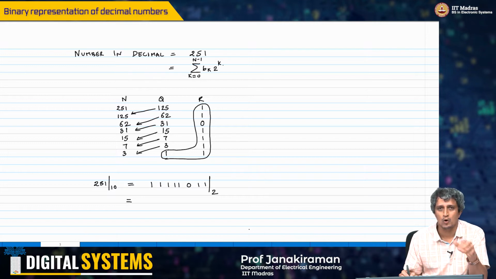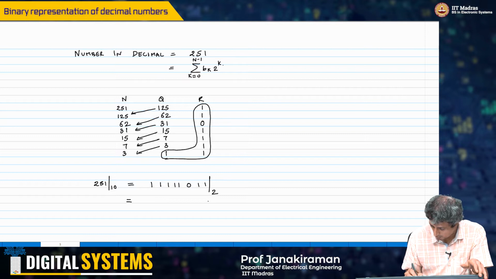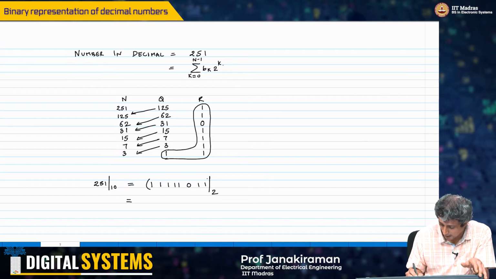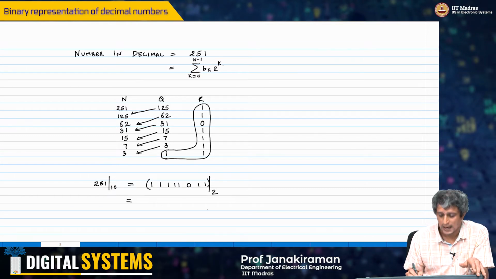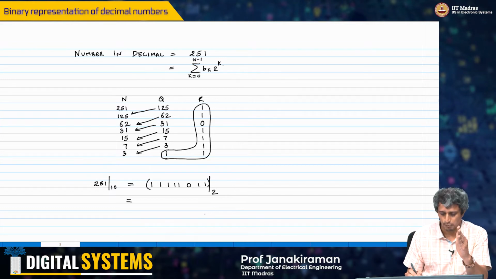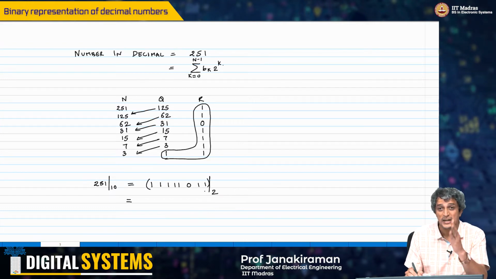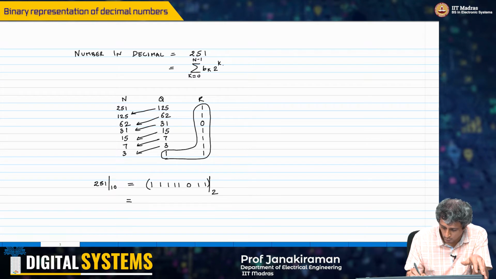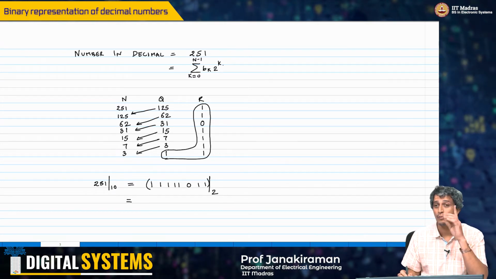So let us now go ahead and verify if this is correct. If I take this number and treat it as a binary number, how many bits are there? 1, 2, 3, 4, 5, 6, 7, 8. I have 8 bits here.